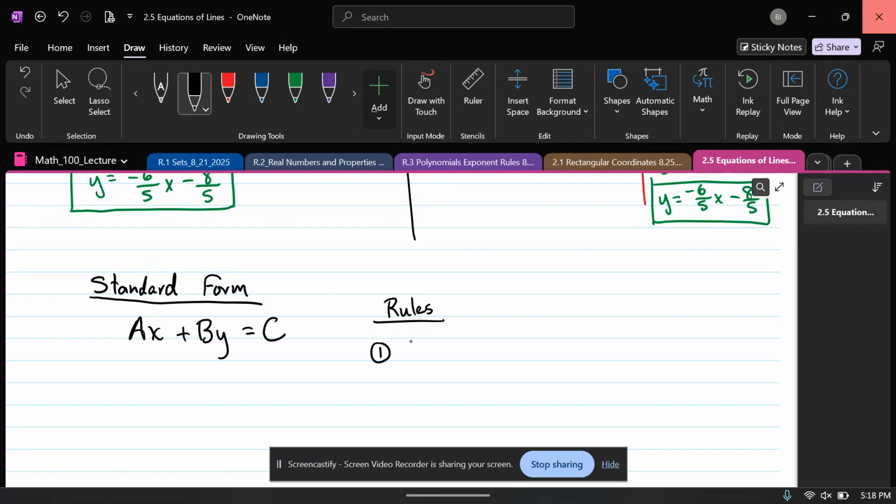The first rule is that A, B, and C are not fractions. And if you're not a fraction, you're not a decimal.